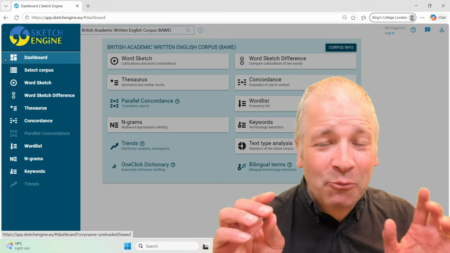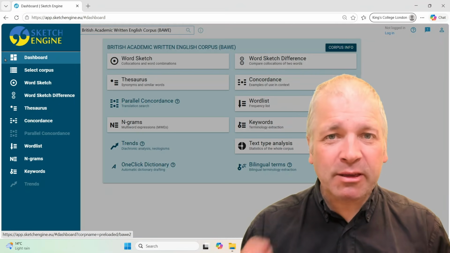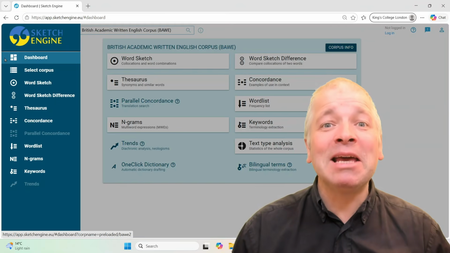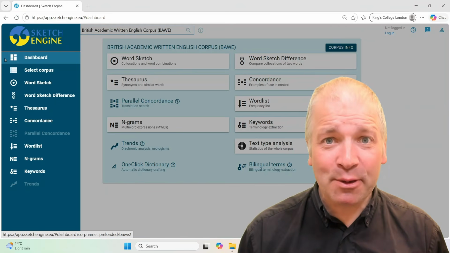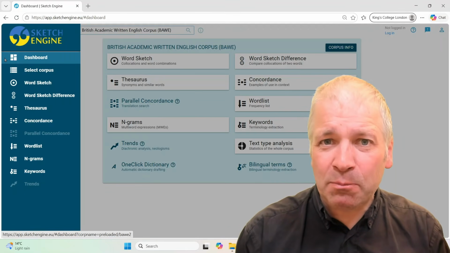And this is where some really clever people have produced some software that can help us. Sketch Engine is a computer program that has collected millions and millions of English texts written by native English speakers.